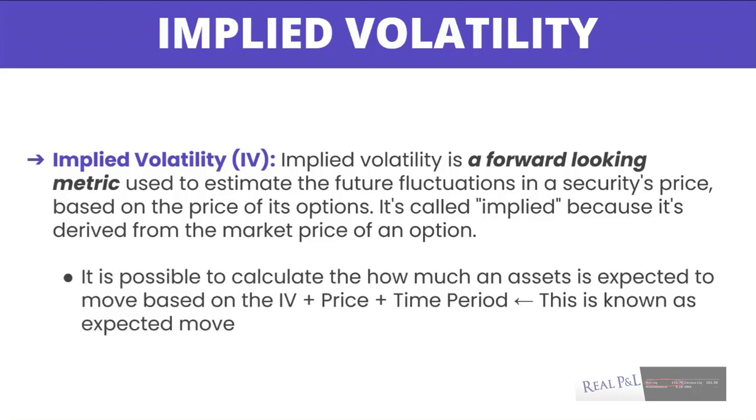It's possible to calculate how much an asset is expected to move based on the IV, or implied volatility, plus the price, plus the time period left in the option, and this is known as the expected move.